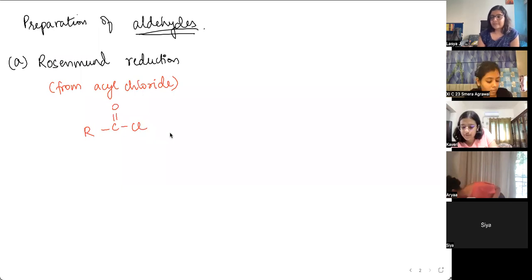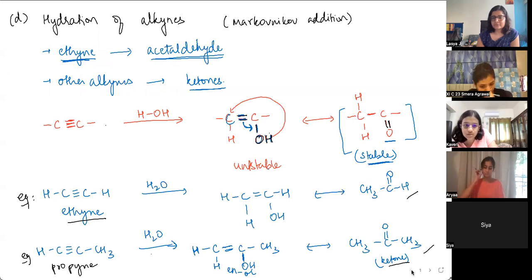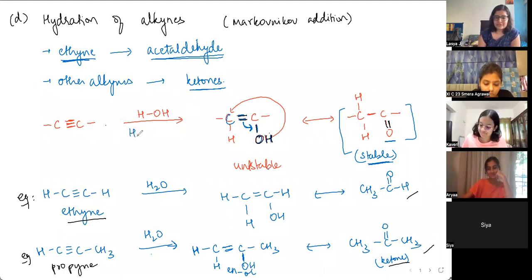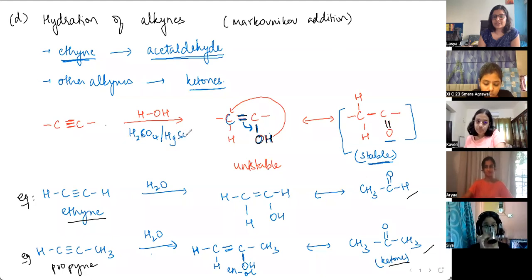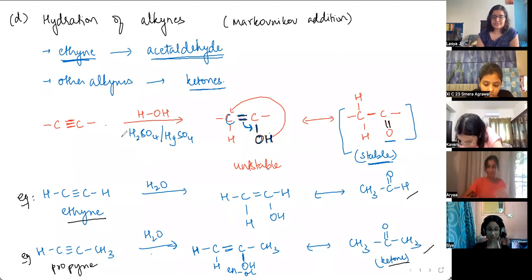Sorry for interrupting, but in the previous reaction, is there a reagent other than H2O? Because ma'am said something like HgSO4. Yes, thank you for reminding me. For the addition of water, you need a mixture of dilute sulfuric acid in the presence of mercury sulfate, HgSO4, H2SO4.